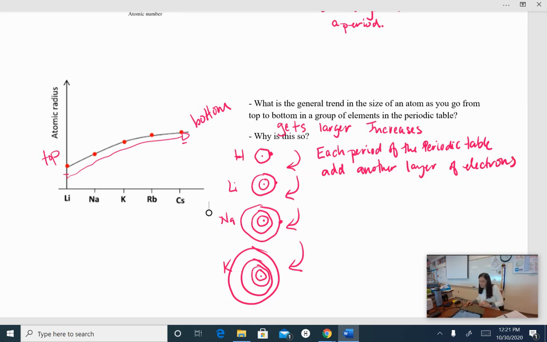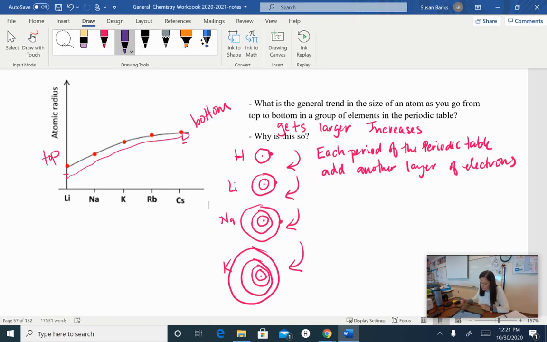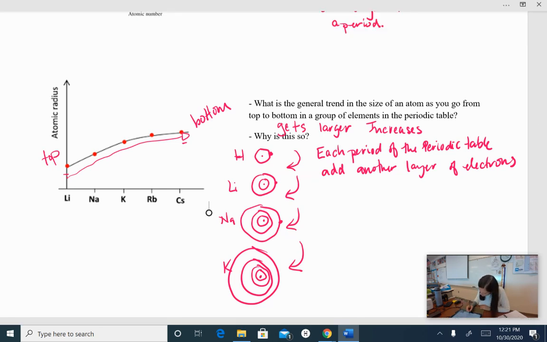And eventually, once we get several layers of electrons between the nucleus, this little thing in here being the nucleus, don't you think electrons next to electrons, negative charges next to negative charges, repel?